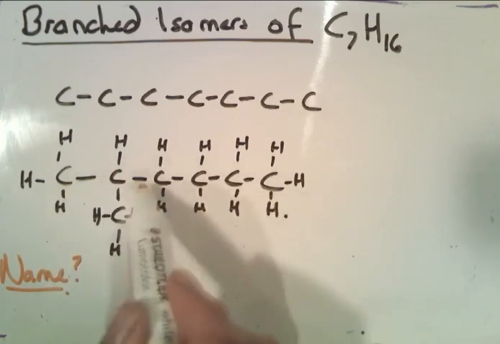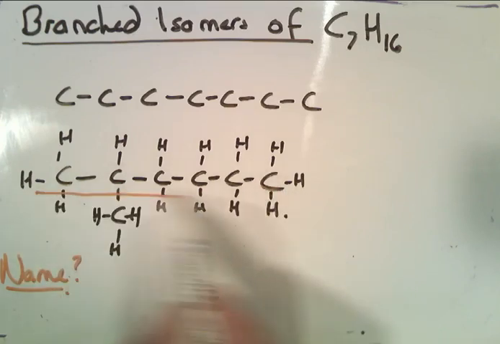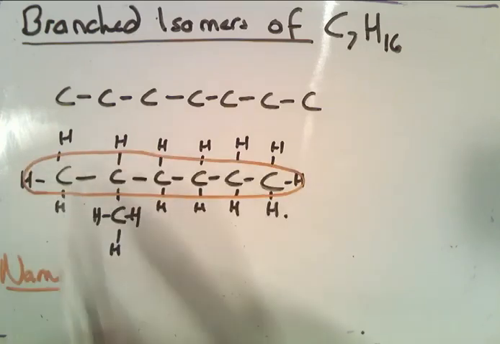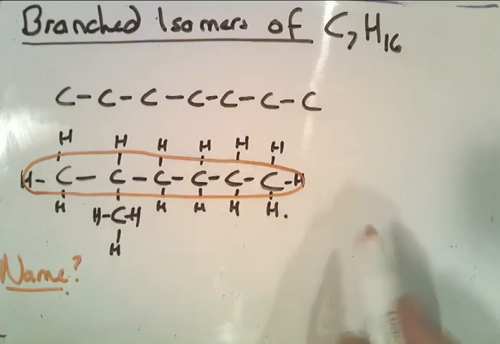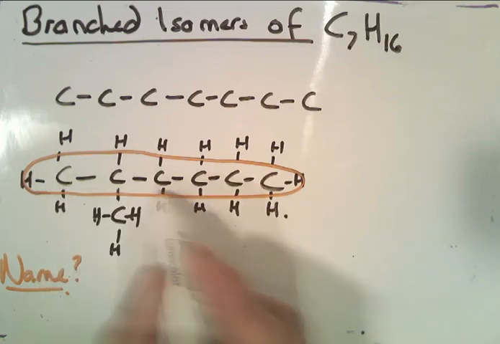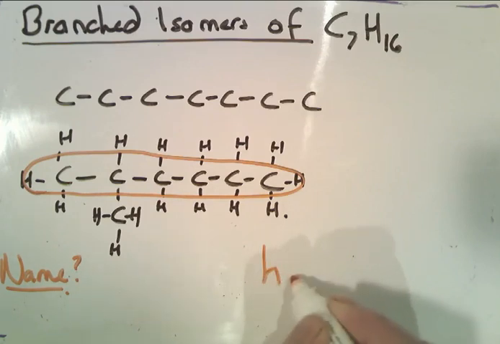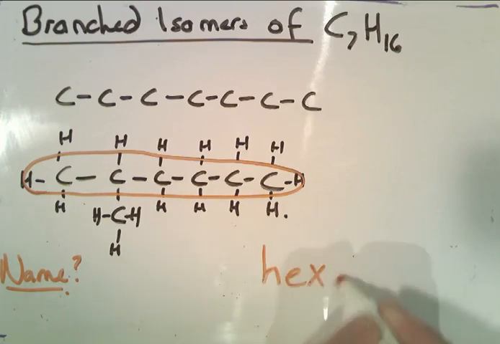One carbon after another, find the longest chain and circle that so you know where it is. You do your name backwards, so the name at the end is the name of the longest chain. In this case we've got 6 carbons, so the name for an alkane with 6 carbons is hexane.